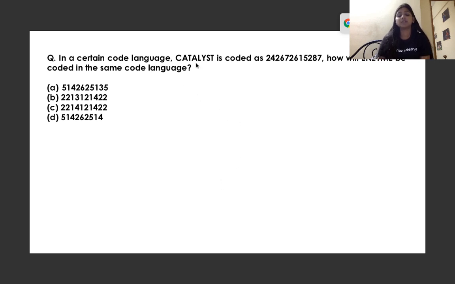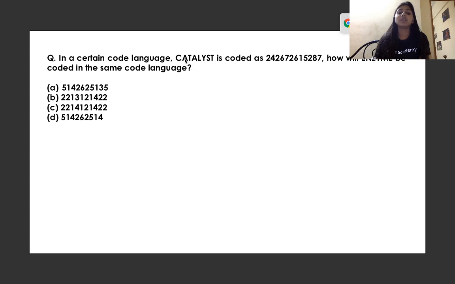So if you see this word catalyst and these numbers, you can see that C is 24, A is 26, T is 7, A again is 26, L is 15, Y is 2, S is 8, and T is 7. As we know, there are 26 letters in the English alphabet, right?